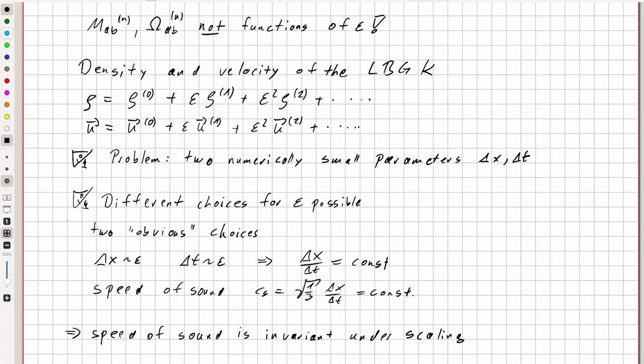And therefore, this is called acoustic scaling. So this thing, delta x is proportional to delta t, has a name called acoustic scaling.